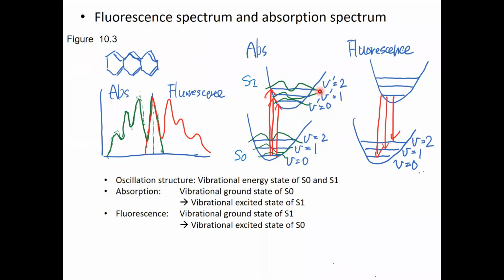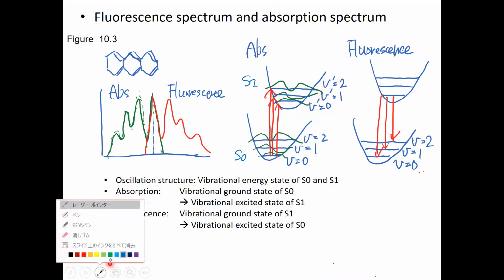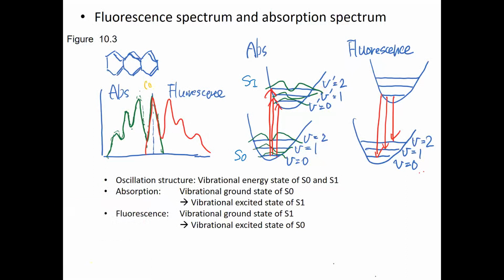This one is the 0-0 transition, meaning V equals 0 to V dash equals 0. So 0-1 transition, 0-2 transition, and 0-3 transition, like this. So this oscillation shape comes from the vibrational state of the excited state. So that's the absorption spectrum.